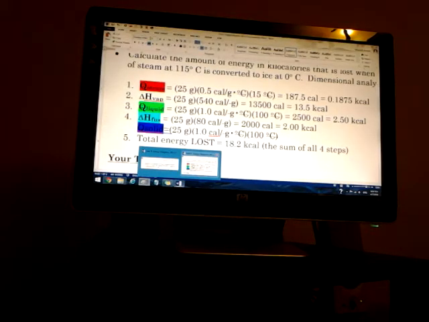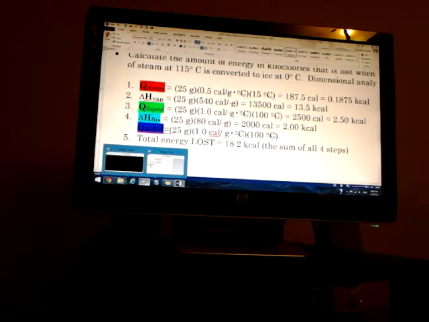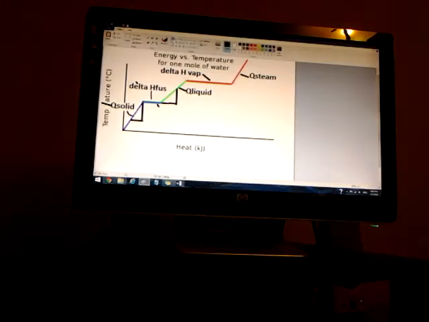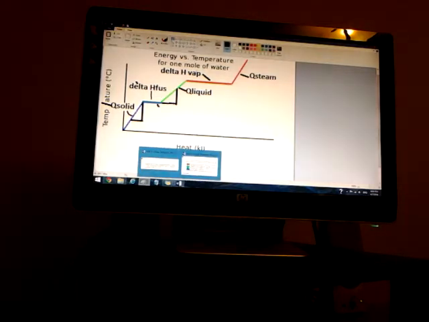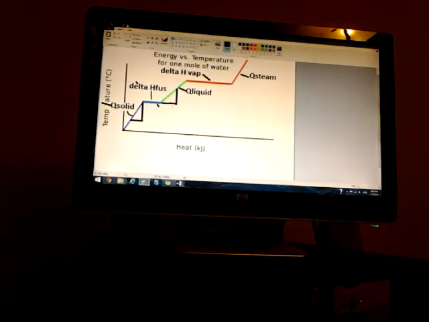So the first part, you can see here every one of these Q steam, delta H vapor, Q liquid, all of these correspond to one of the changes in this diagram. Q steam is this, delta H vapor is this. And the reason that delta H vapor and delta H fusion don't have any temperature changes is because there is no change in temperature.